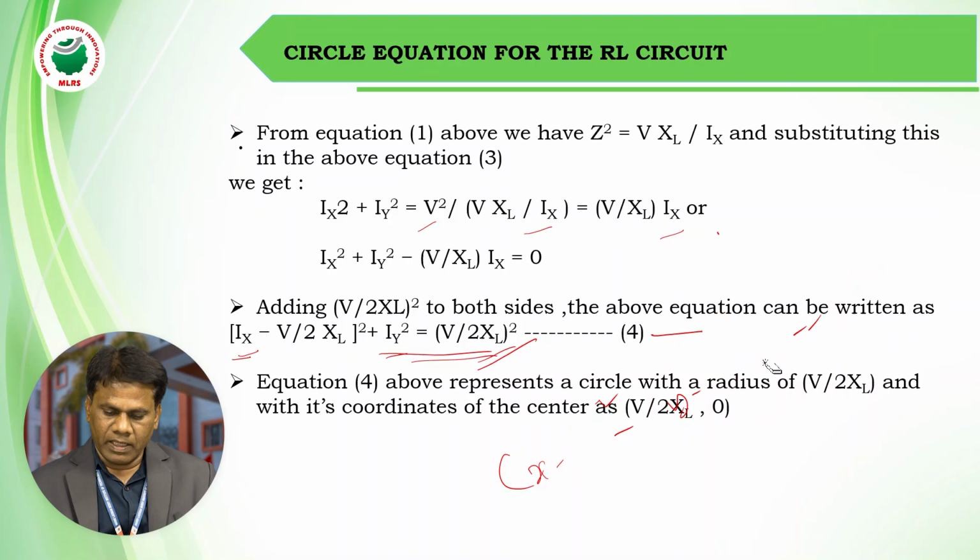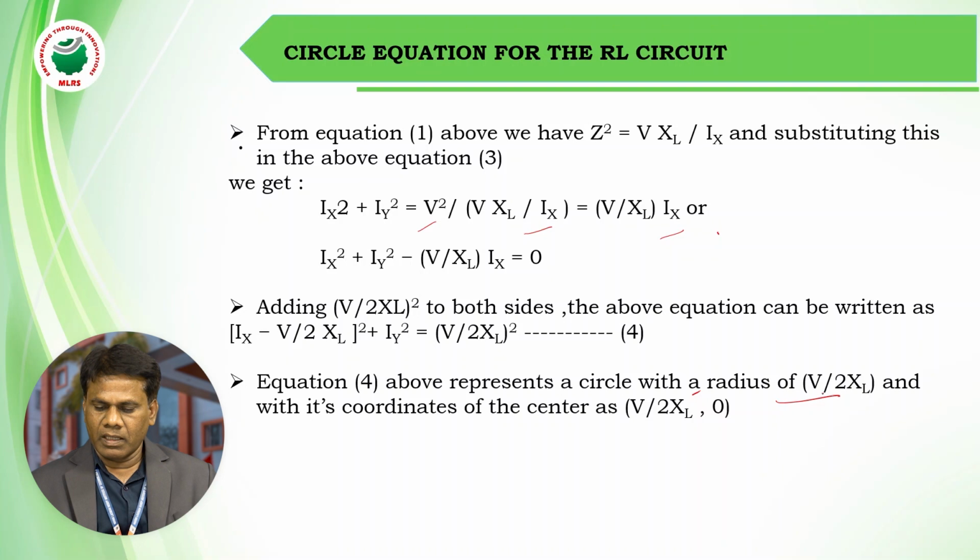Comparing equation 4 with the standard equation, we get the radius V by 2 XL and the coordinates of the center V by 2 XL comma 0.